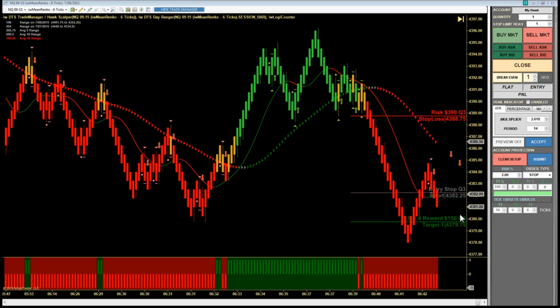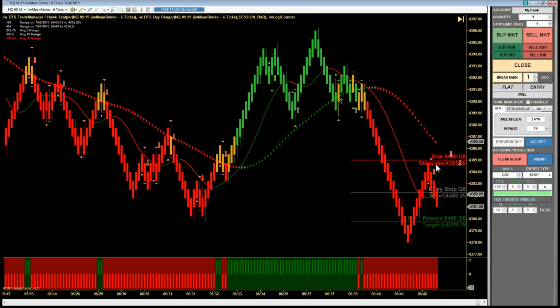2%. You could take 10 losing trades in a row and still have no more than a 20% drawdown. So notice here I have the trade set up and I'm risking approximately $400. Now don't freak out if $400 seems like a lot to you if you're trading a smaller account. This is what is relative for my account.